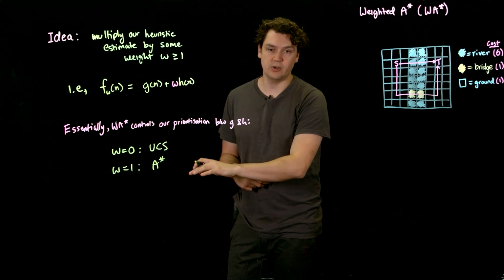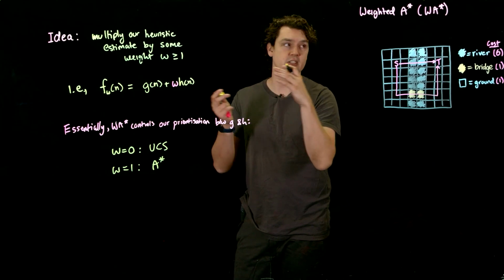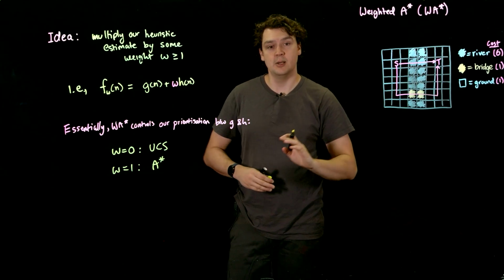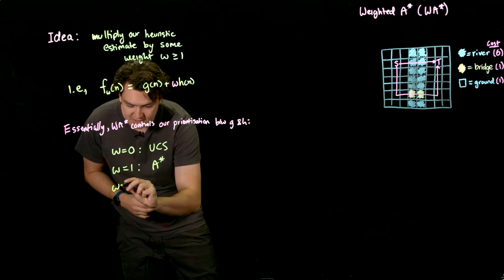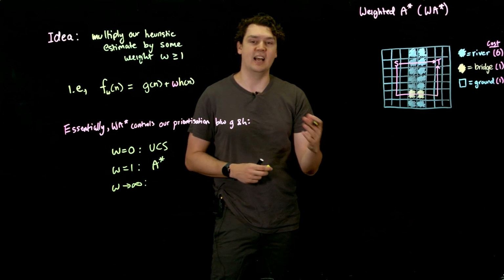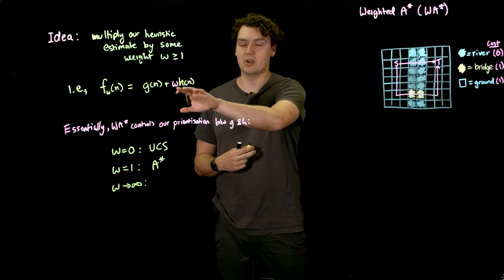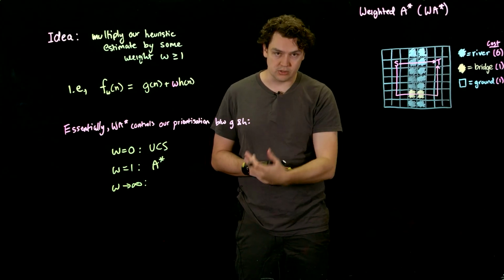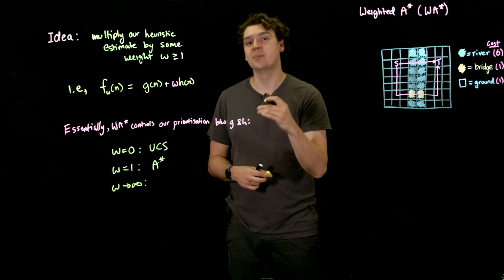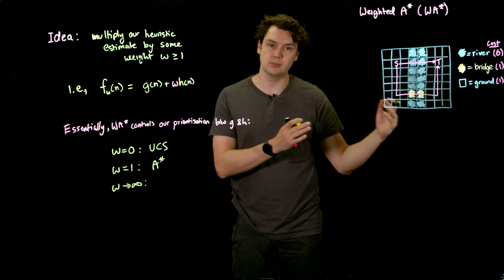Now, anything greater than 1 is entering into the idea of weighted A star, but there's also a last interesting result. As W approaches infinity, as we're essentially weighting the heuristic to the maximal extent, the G value, this constant factor, is completely left in the dust.